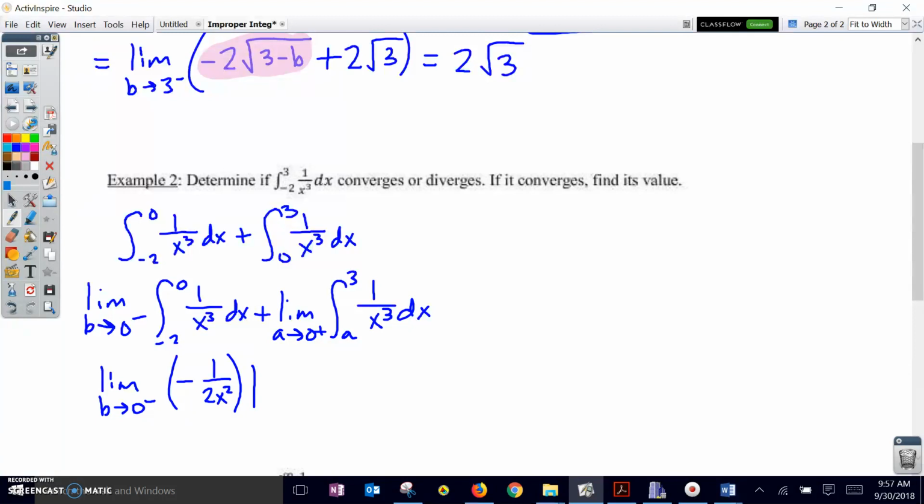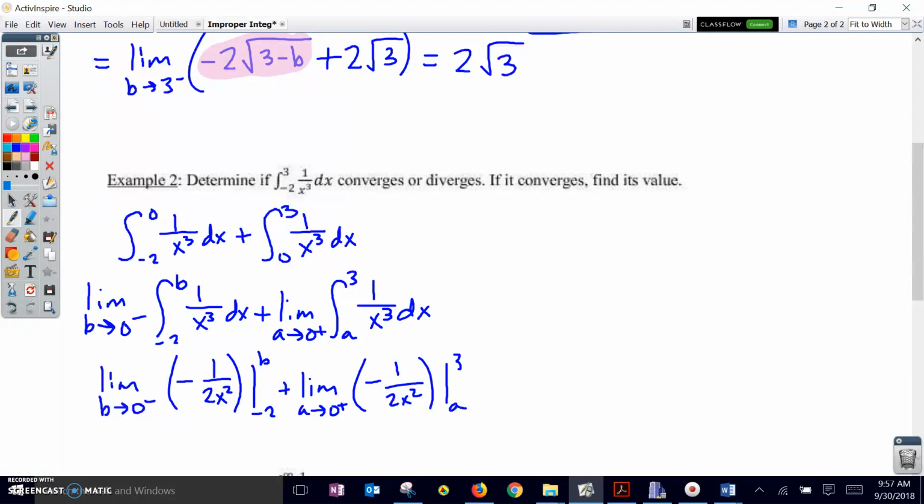And we're going to evaluate that from negative 2 to b. And then we're going to evaluate this other integral to 3.